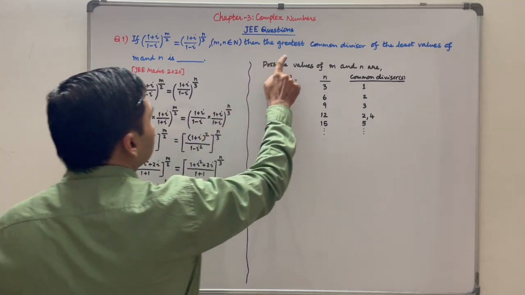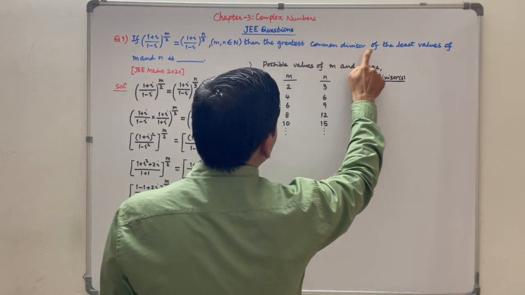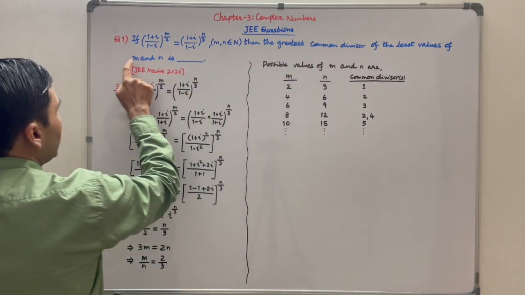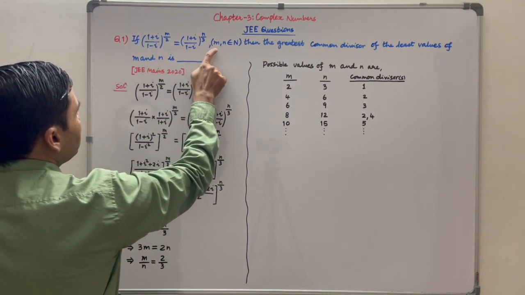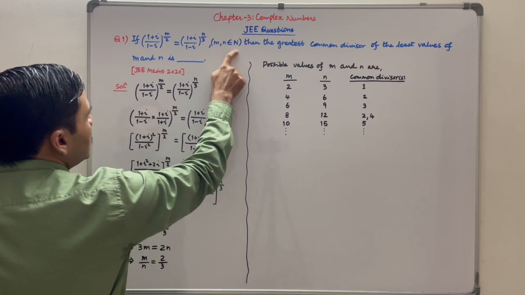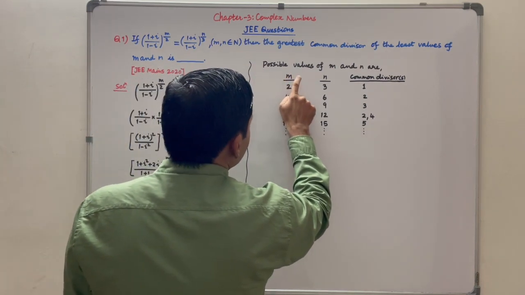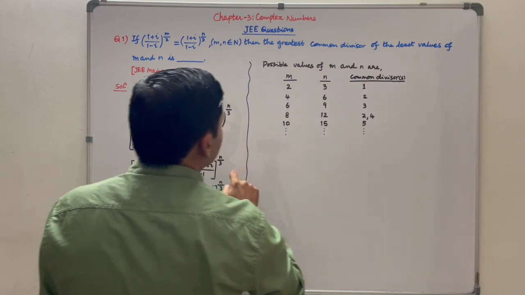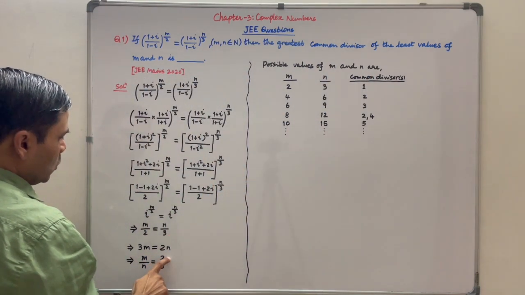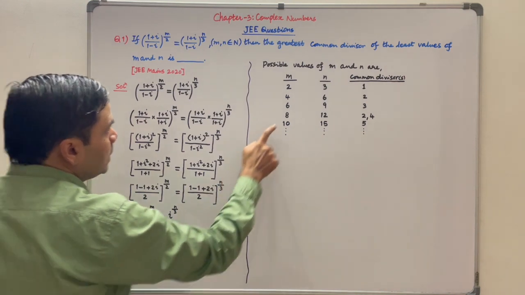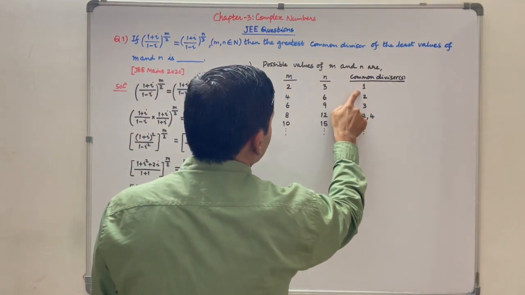Next, we have to find the greatest common divisor of the least values of m and n, where m and n are natural numbers. So we will make a table and write the values of m, n and common divisor. When m = 2 and n = 3, common divisor is 1.